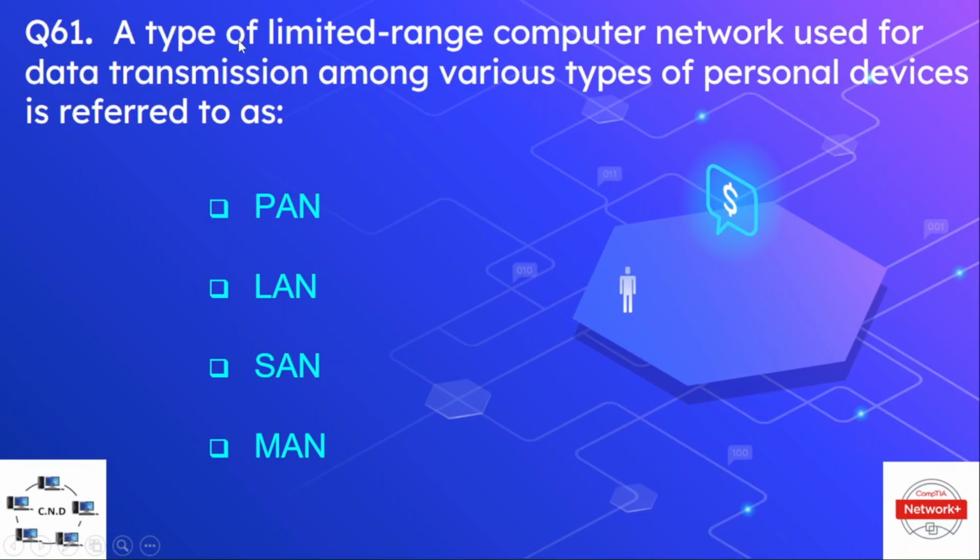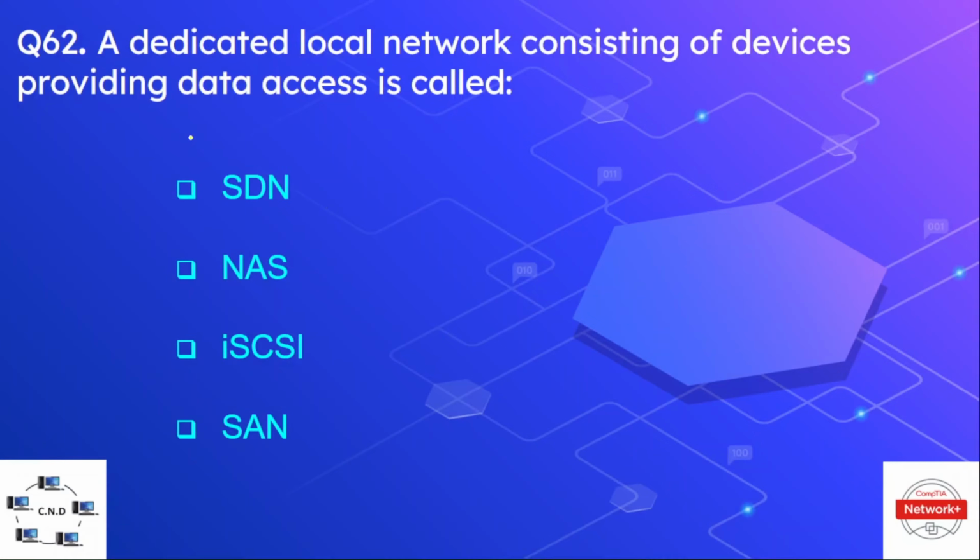Question number 61 is that a type of limited range computer network used for data transmission among various types of personal devices is referred to as, and again the options are PAN, LAN, SAN, or MAN. And the correct option is PAN. We are talking about the personal devices, and PAN stands for Personal Area Network.